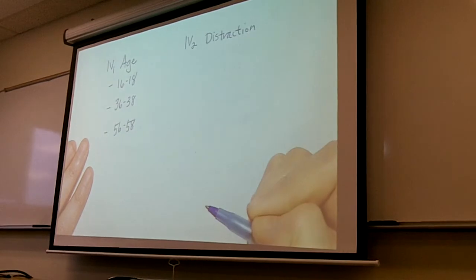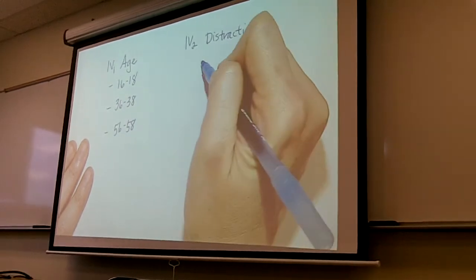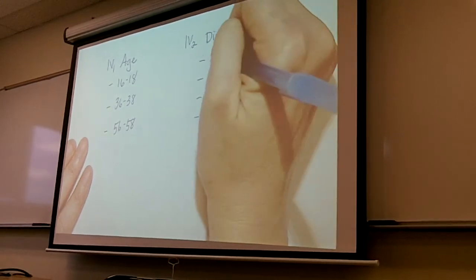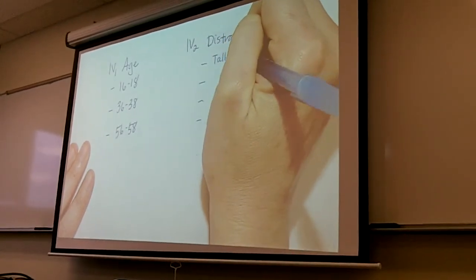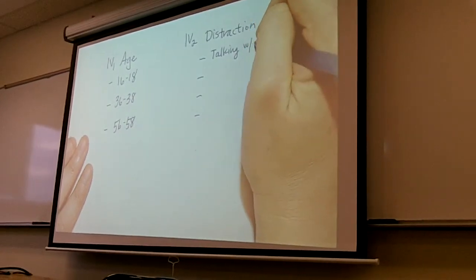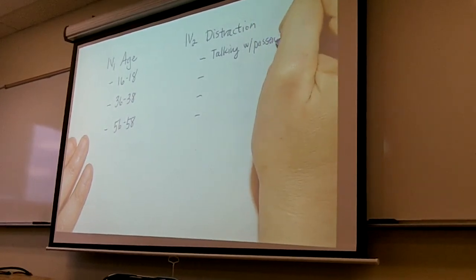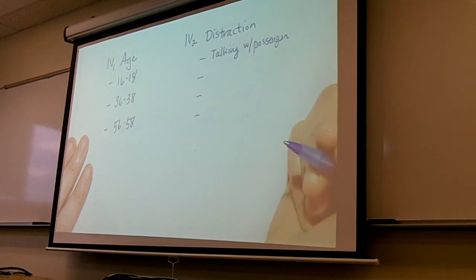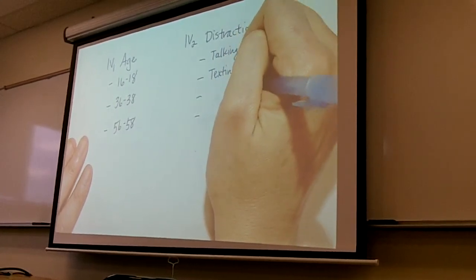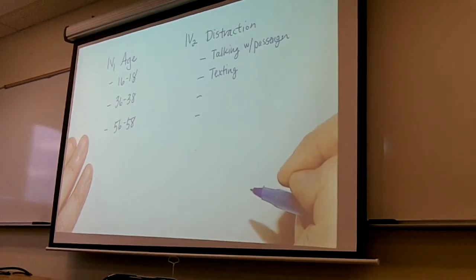Okay, and what are the levels? The levels are 4, okay? What are they? Talking with a passenger. We've all done that. Texting. We've never done that.